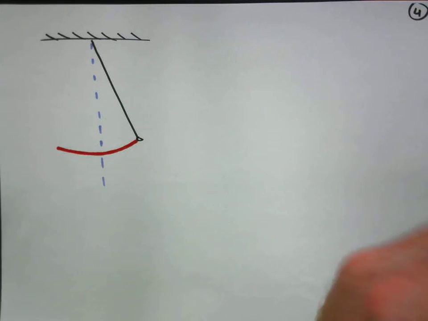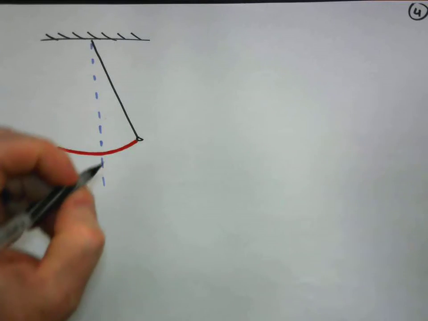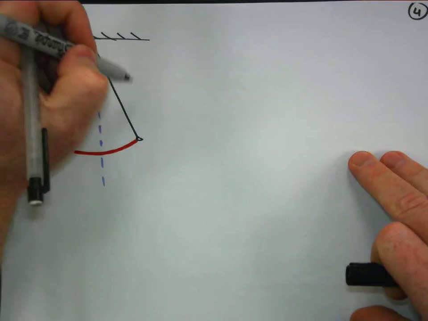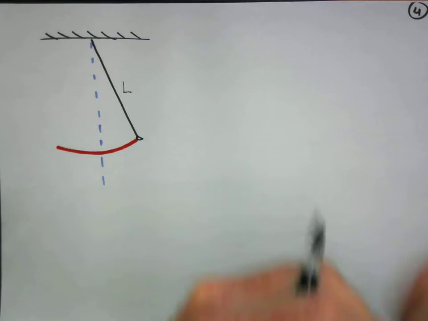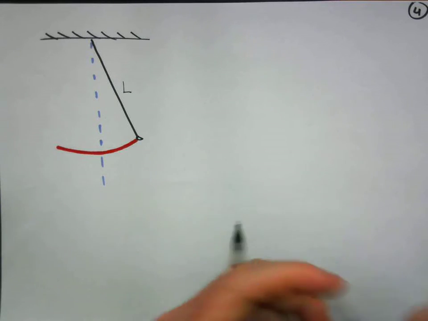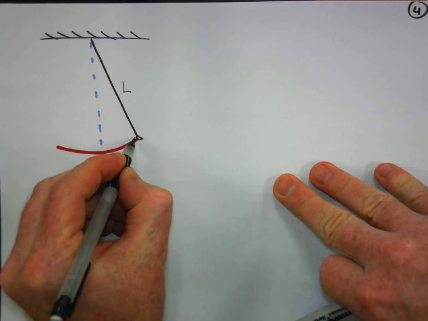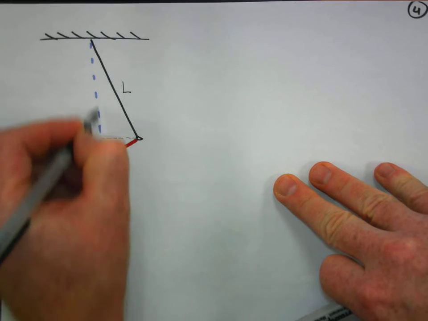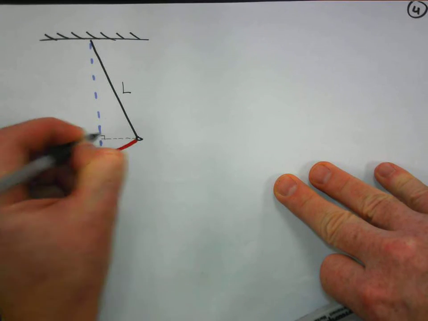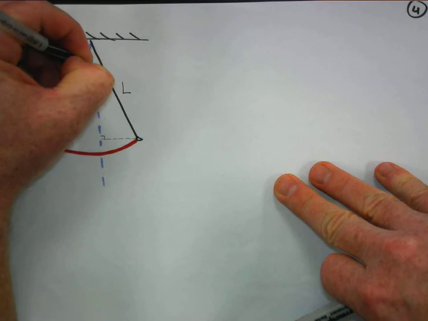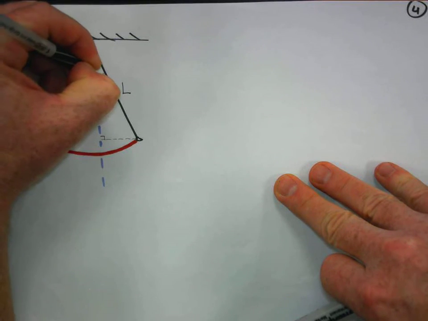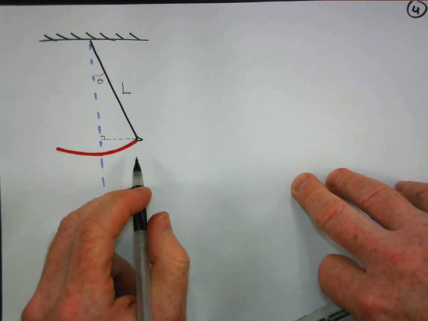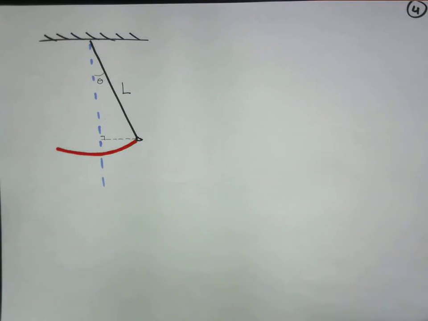Now, there's some interesting stuff we can label, right? A pendulum will have a length L to it. And now check this out. If we drop a perpendicular line, perpendicular to the vertical, got a right angle, then we have an angle here, the angle theta. We can define a couple other things.